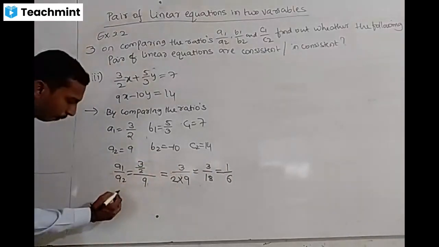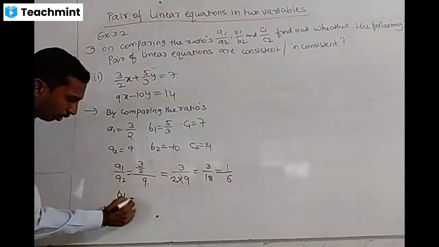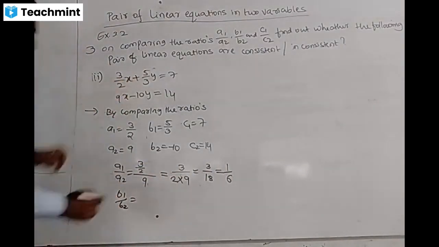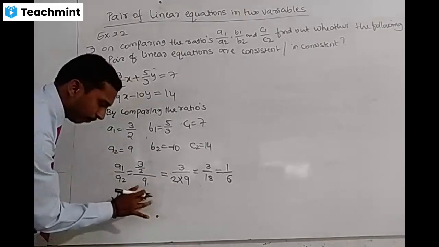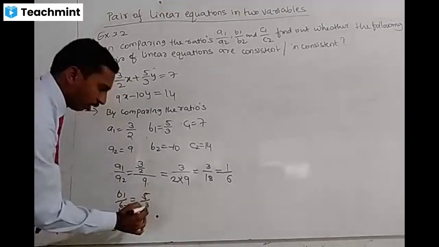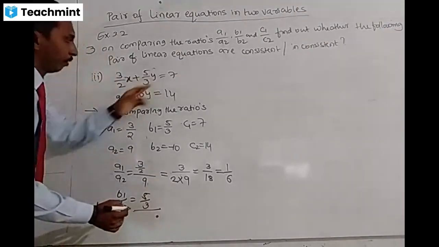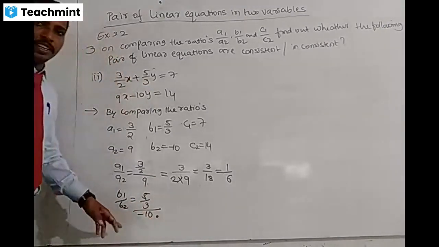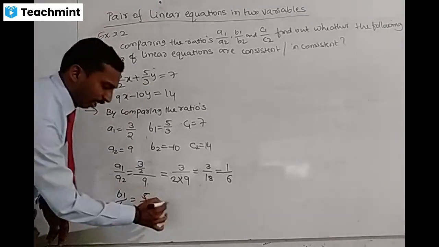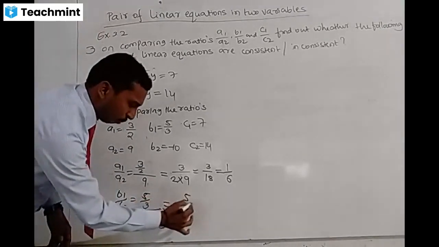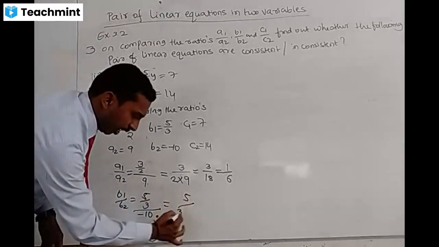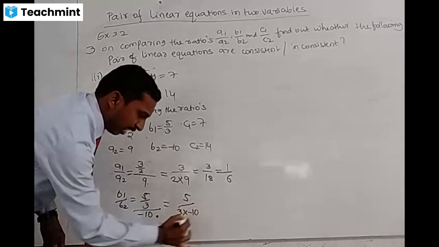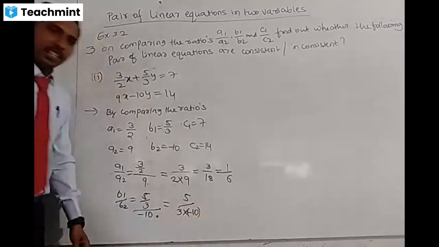And now, B1 by B2 is equal to, what is B1? 5 by 3, divided by minus 10. Is it right? Now, how can you write it? It can be written as 5 divided by 3 into minus 10. Is it right?